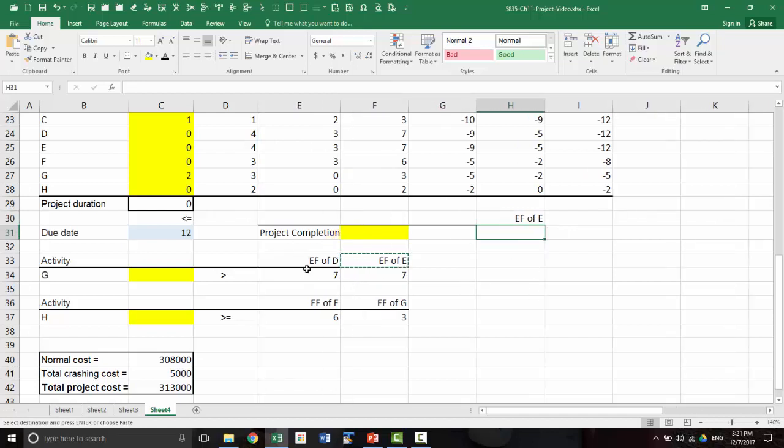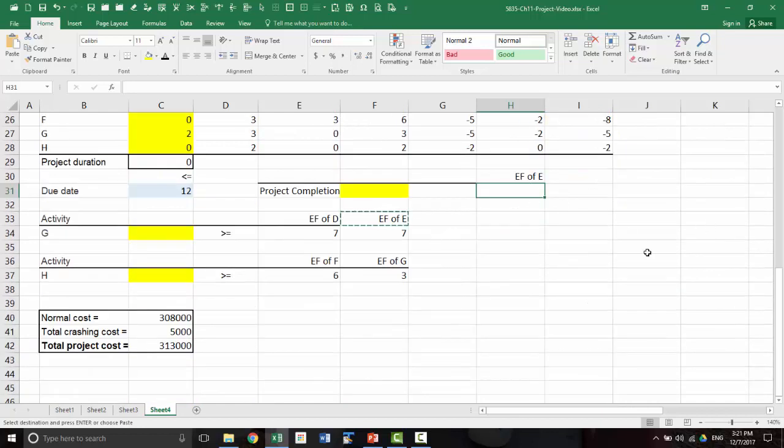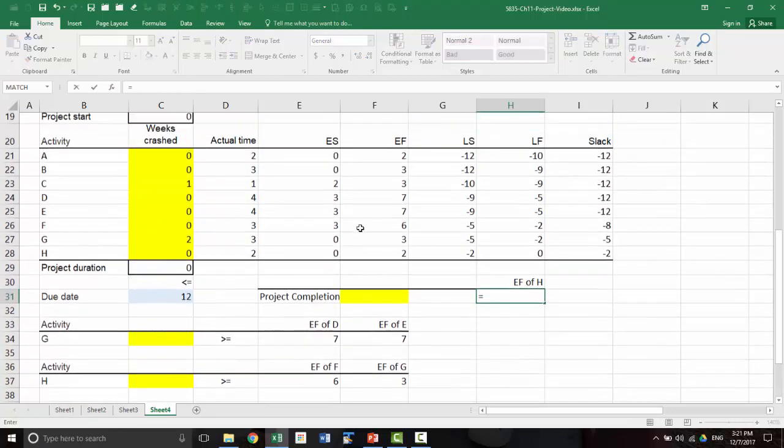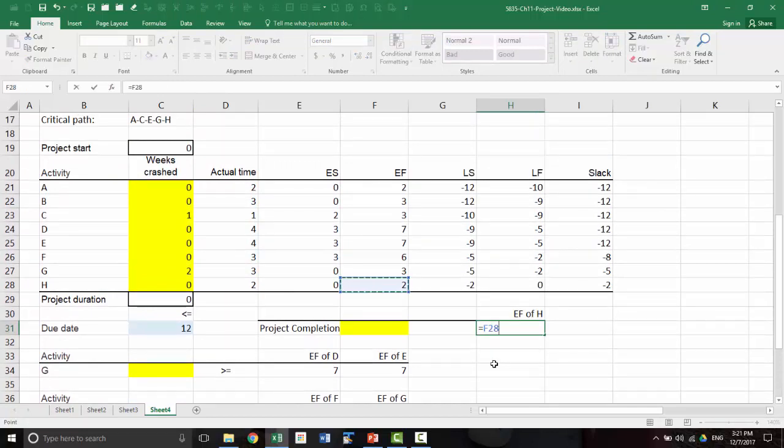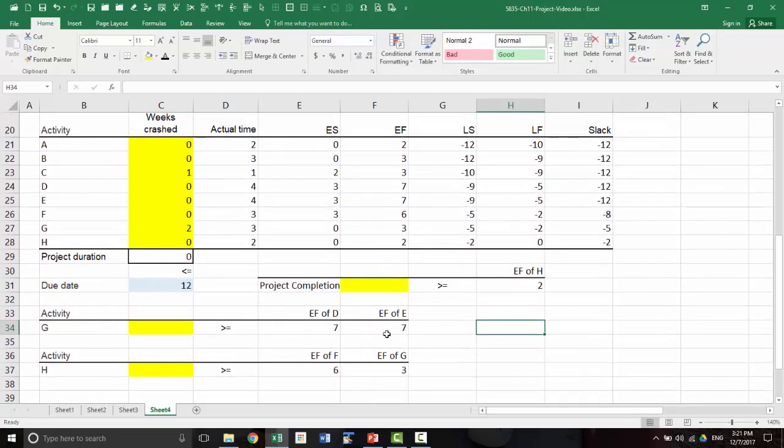So if you have, like for activities G and H, more activities at the end, not just one, then you'll have all of those end times here. So this is EF of H. So EF of H is over there, right? So that should be greater than or equal to that. So this completion time will come from here. So now there are no maxes anywhere. So the non-linearity has been removed.